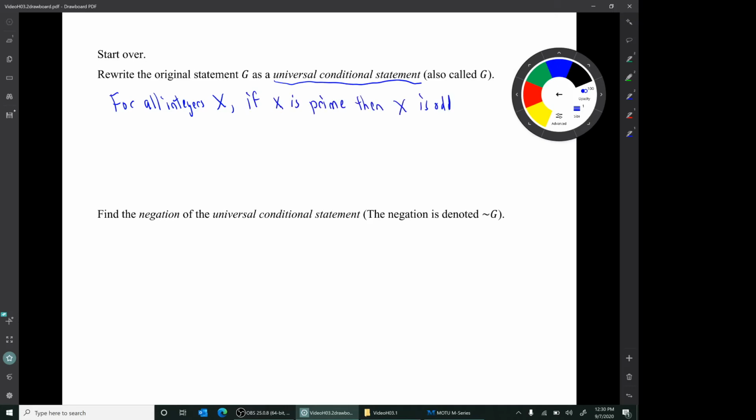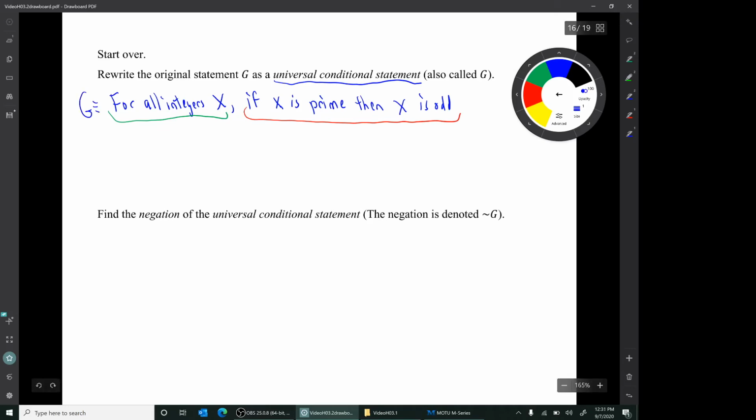So I put some of the qualifications into this quantifier for all integers x. So there's my universal quantifier, and then the predicate is this conditional statement. So how do we negate this? First of all, note that this is still statement G, just written in universal conditional form.